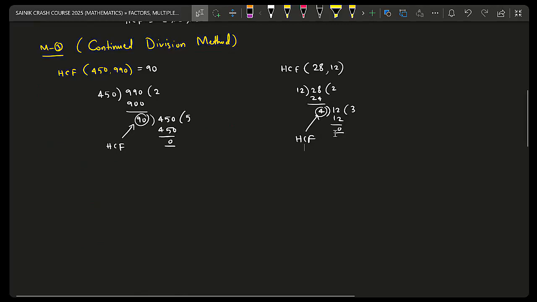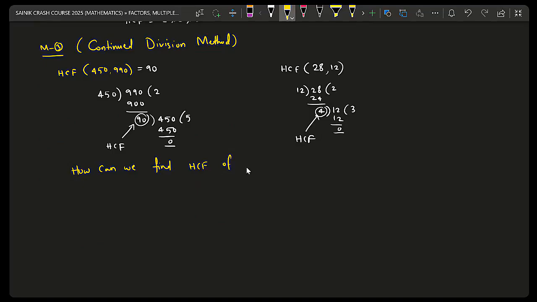Before going into method number 4, Vaishnavi asked one question: how can we find the HCF of more than two numbers?